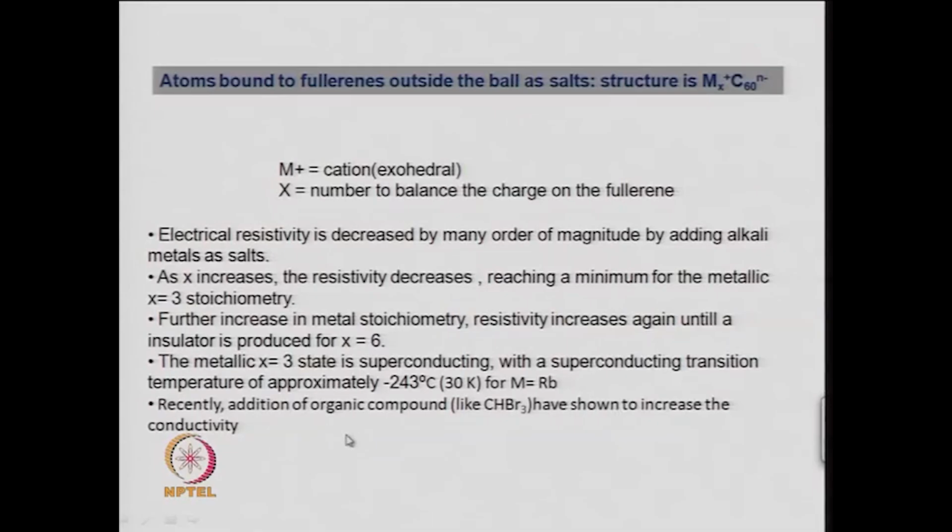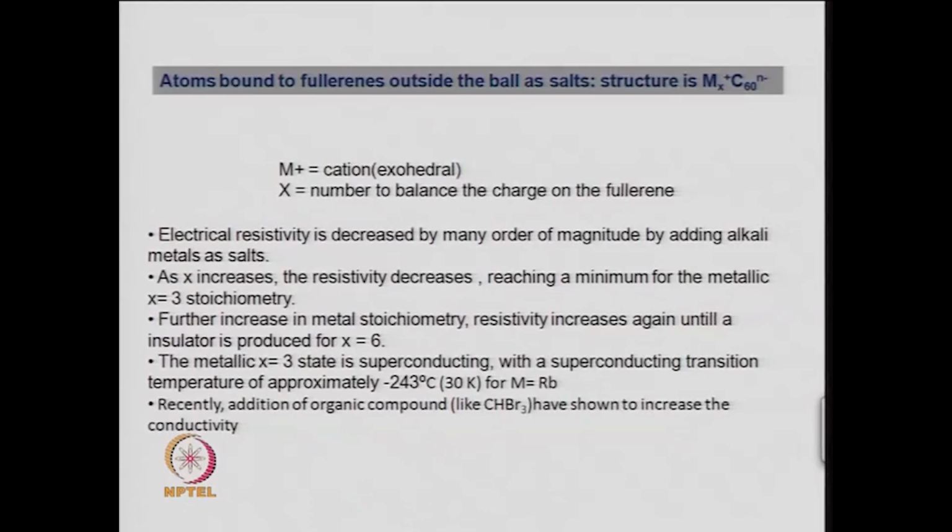Now, it has also recently been shown that an organic compound like CHBr3, which is called bromoform, like you have chloroform CHCl3, you have bromoform, can be added to C60 to increase the conductivity or lower the resistivity.